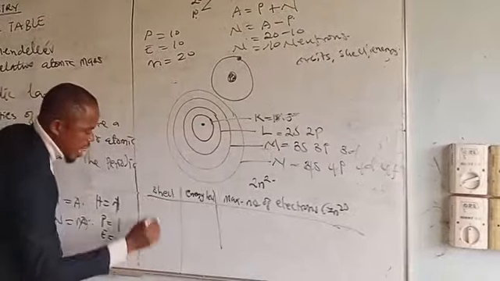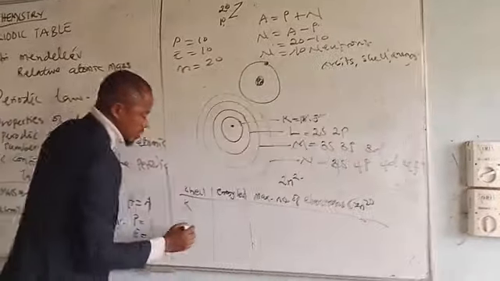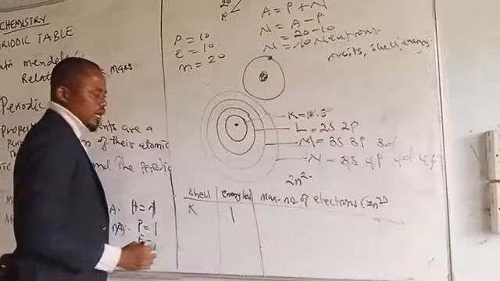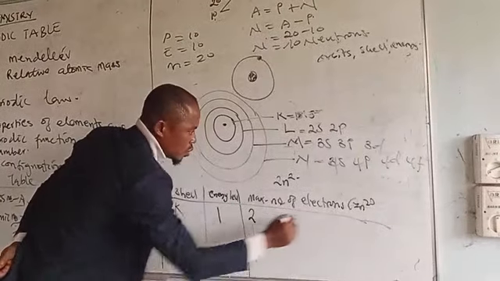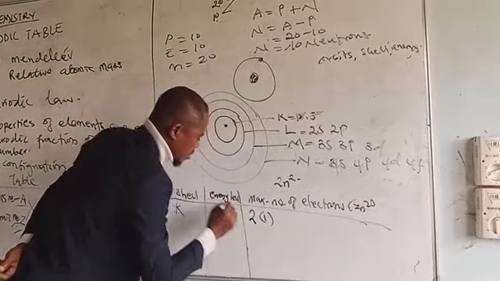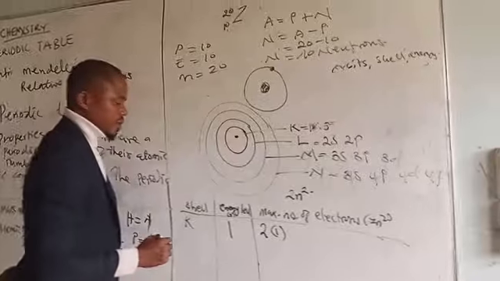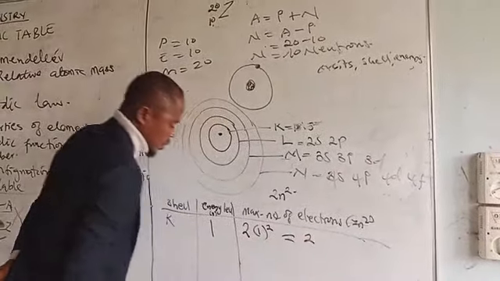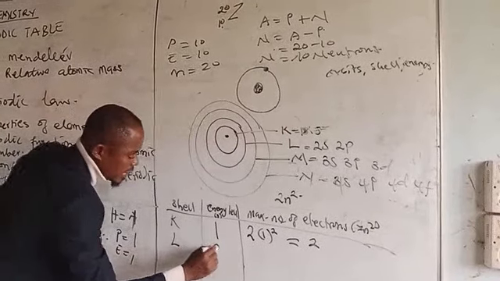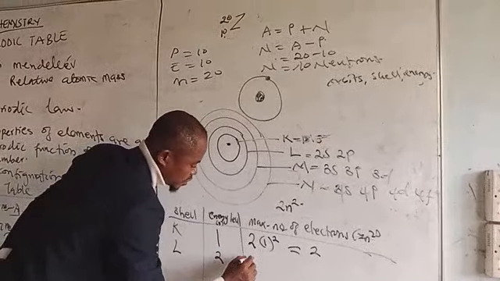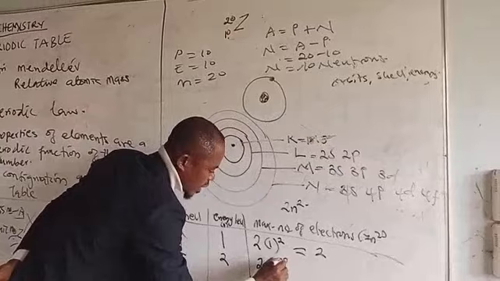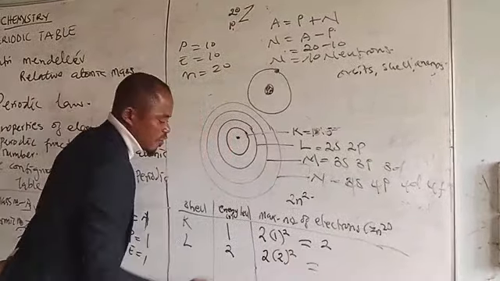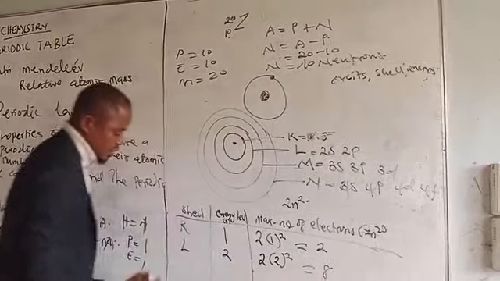So our K shell, which represents energy level 1, we take 2, n is 1. So energy level is noted by n. 2n squared will be equal to 2. L shell, energy level 2, is going to be 2 times 2 squared. 2 squared is 4, times 2, it's going to be 8 electrons.